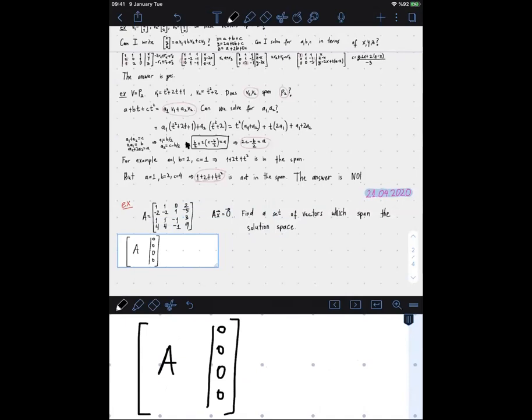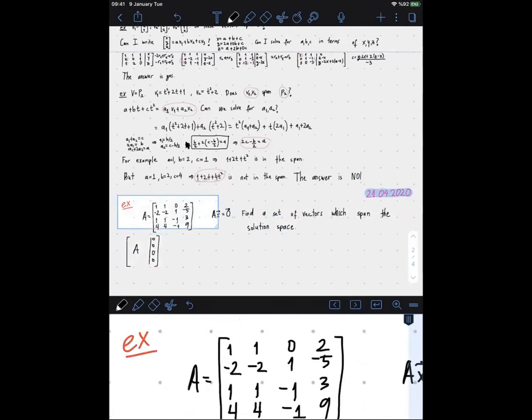For this one, what are the row operations? If you look at this, we multiply this row by 2 and add it to this row, multiply this row by -1 and add it to this row, and multiply this row by -4 and add it to this row.